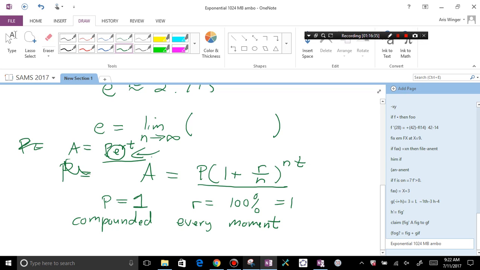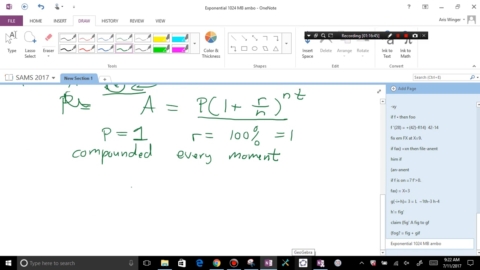If we let n go to infinity, then it tells us where e came from. So e is actually the limit as n tends to infinity of (1 plus 1 over n) to the n power. That's what e is.